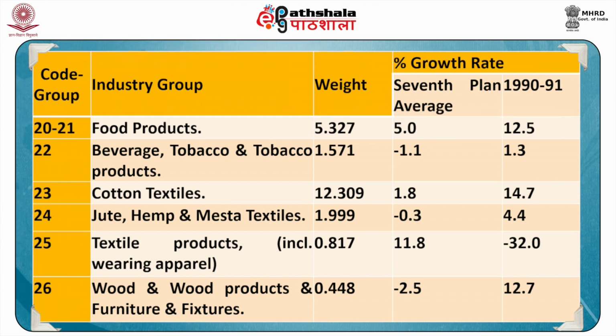Next, beverage, tobacco and tobacco products of weight 1.571 had a growth rate in the seventh plan of -1.1%, and in 1990-91 it had a growth rate of 1.3%.